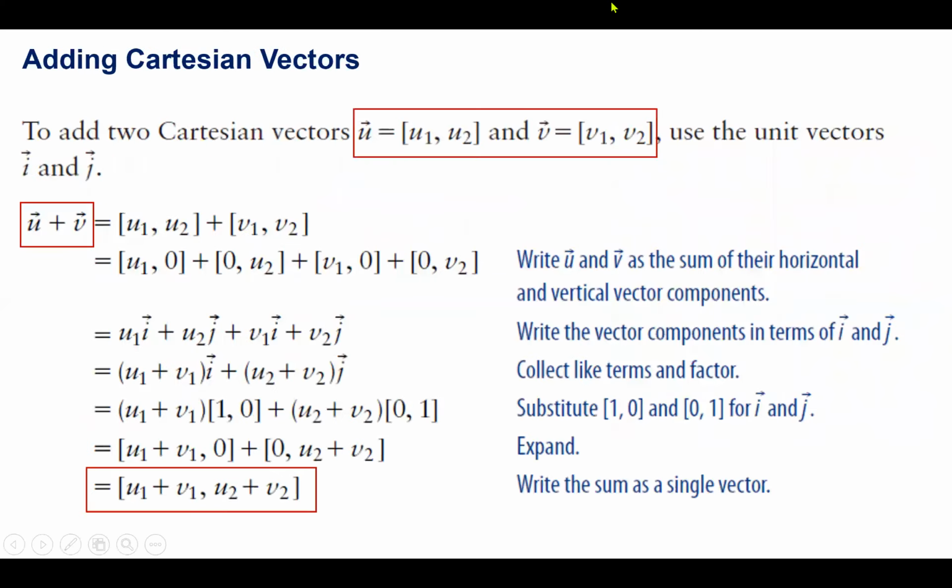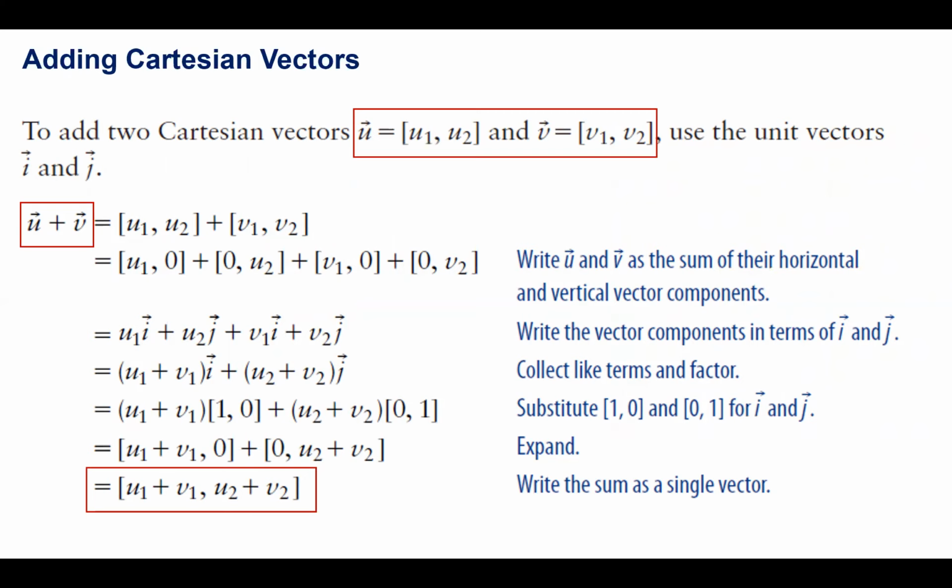then let's have a look at the operation, adding two Cartesian vectors. To add two Cartesian vectors, U, which is U1, U2, and V1, V2, use the unit vectors i and j.